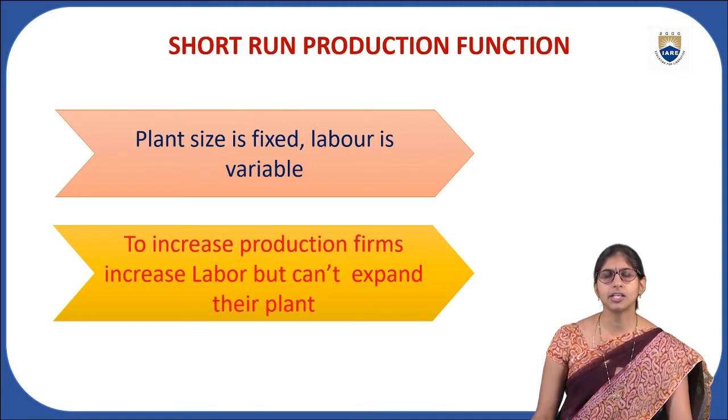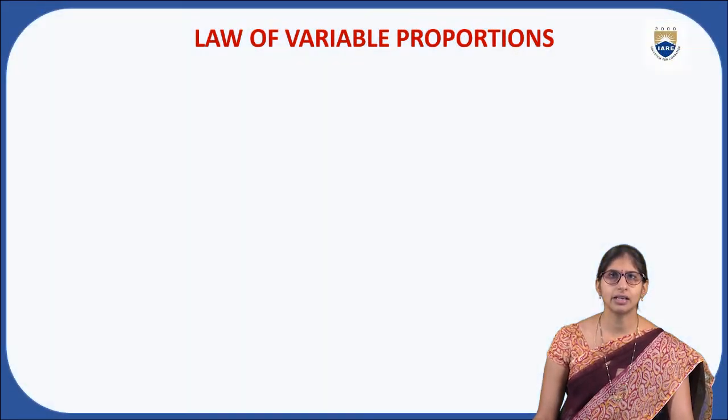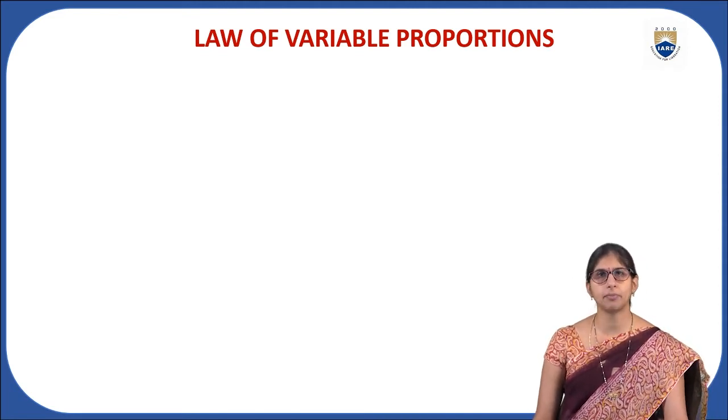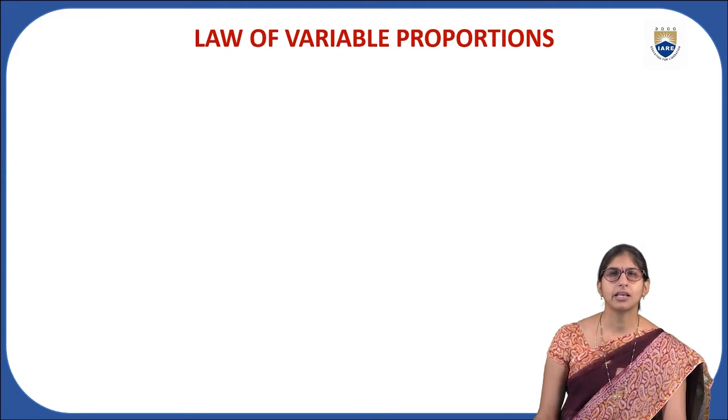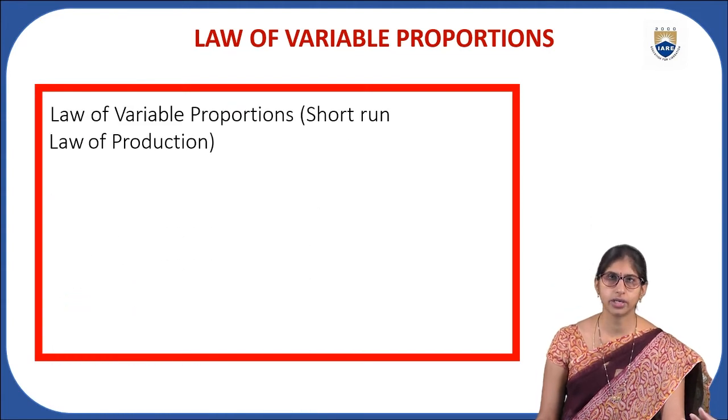So in the short run, we are going to consider only one factor of input and discuss how the output is going to be. The law of variable proportions is nothing but giving only one factor input and expecting what output we are going to get.